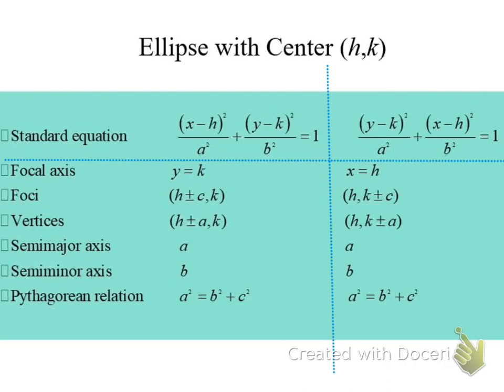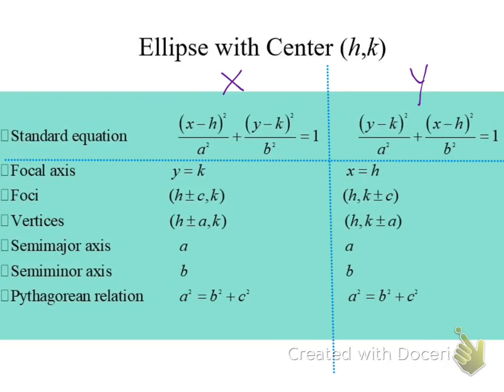A is always going to go underneath the direction that your ellipse is going. Notice in the first one, A squared is under the x squared, so that one's going to be in the x direction. In the second one, A squared is underneath the y squared, so that one's going to go in the y direction.